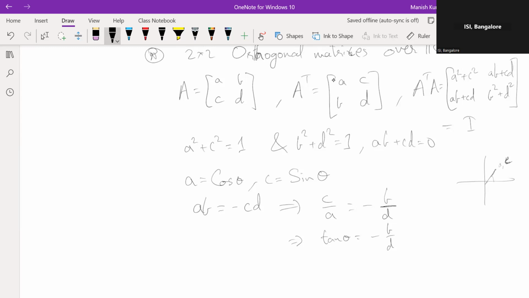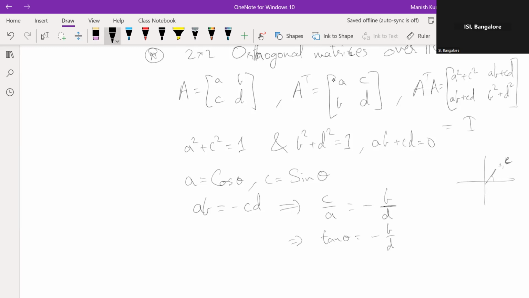C over A is minus B over D, and B square plus D square is equal to 1.